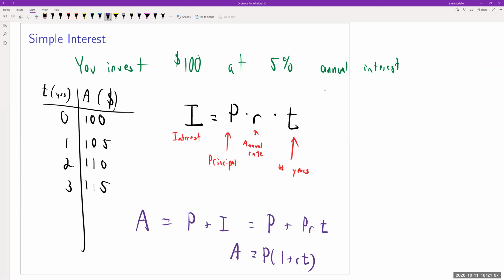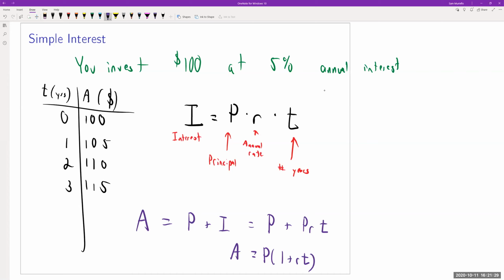Now, simple interest is really easy to find, but it doesn't do a good job of showing what goes on in the real world, because when you make an investment, it doesn't work like this. The $100 that we put in at the start, yes, 5% of that was $5. But after a year, we had $105.